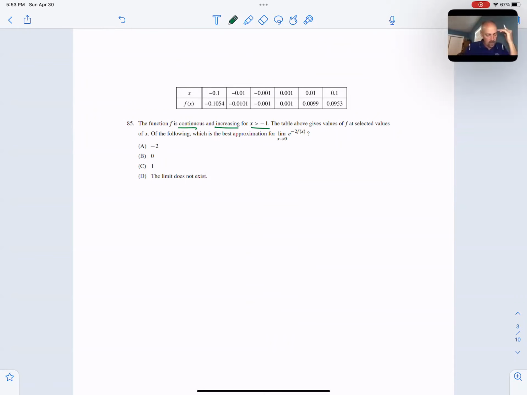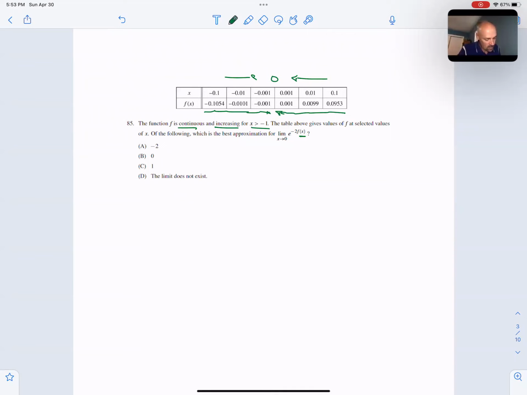Well, the only x in my expression that's approaching 0 from both sides is right here. So I'm going to go to my table and look at my x values approaching 0 from the left and approaching 0 from the right, and then look at the corresponding y values.